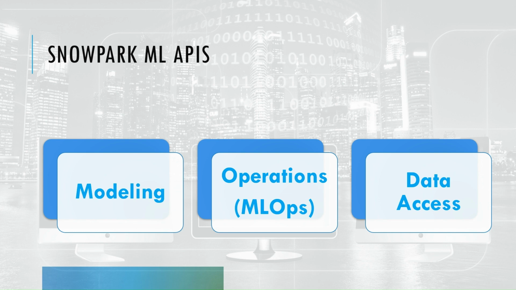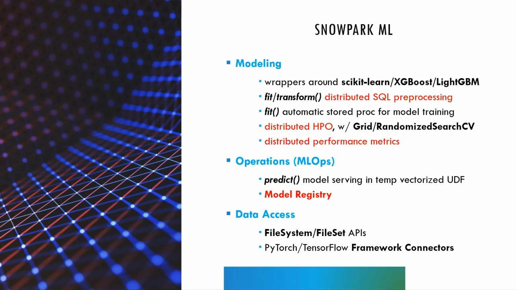You have the modeling API, you have the operations API with MLOps, ML operations, and you have a data access API implementing a file system with a file set and framework connectors for PyTorch and TensorFlow. Let's have a look at all these different areas and just mention the major contributions that Snowpark ML comes up with.